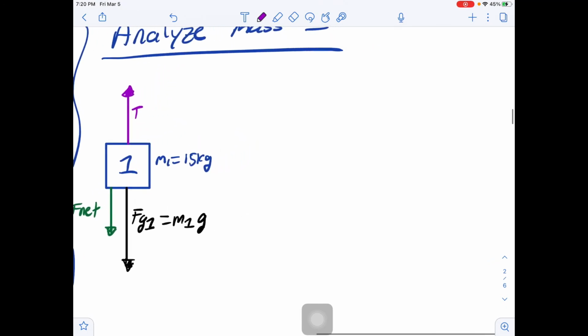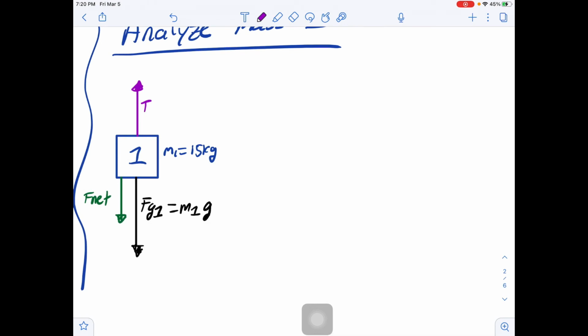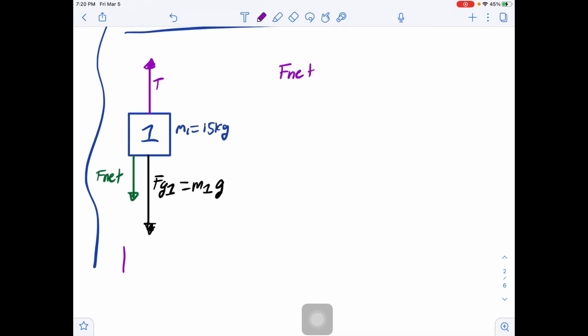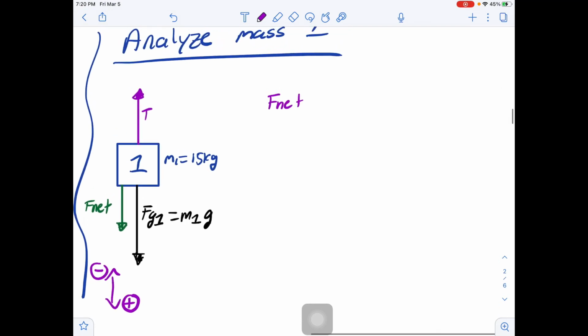So now we can create our equation. Since my net force is going down, I'm actually going to make the downwards direction positive and the upwards direction negative. So net force is positive, and that equals a positive force of gravity 1, because it's also pointing down, minus my tension.